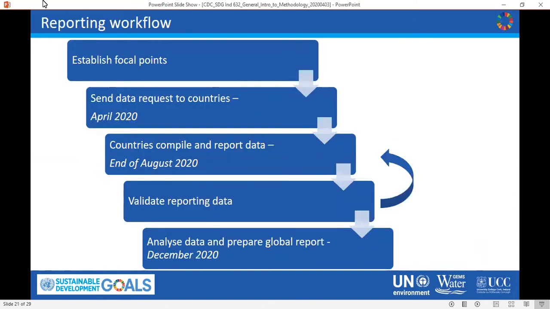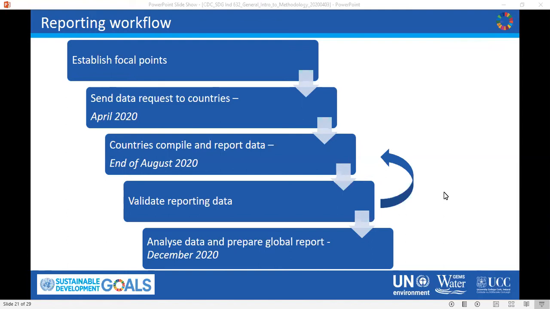So the reporting workflow for the 2020 data drive follows basically 5 principal steps. Currently, we are establishing focal points through the SDG 6.3.2 help desk and reaching out to countries to make them aware of the upcoming process. And in April 2020, we sent the data requests together with reporting templates and guidance information on the indicator methodology, as well as the reporting process itself, to countries.